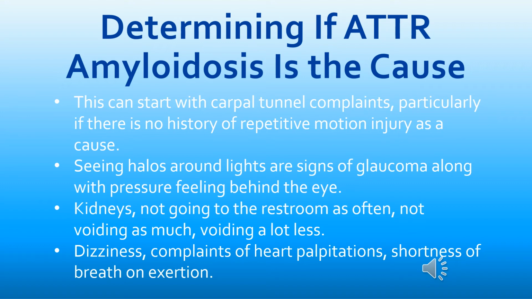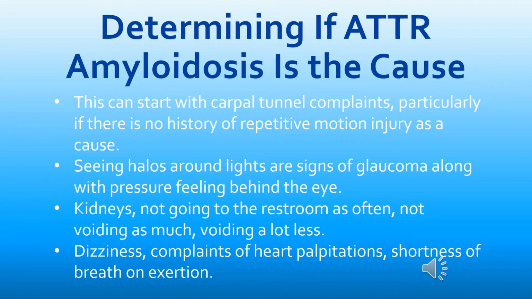Dizziness, complaints of heart palpitations, and shortness of breath on exertion are associated with the autonomic nervous system. It can have to do with rate problems. It can have to do with their GI discomfort. If they have problems with diarrhea, it may stimulate them that they have to go right away and they can't hold on to their food. It causes all kinds of problems once it starts affecting the nervous system.